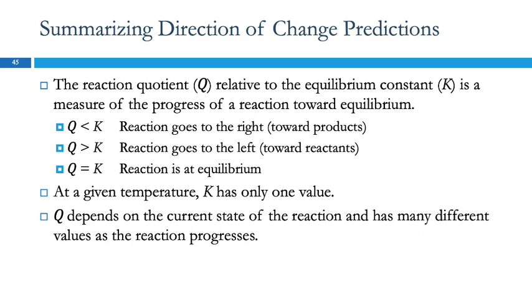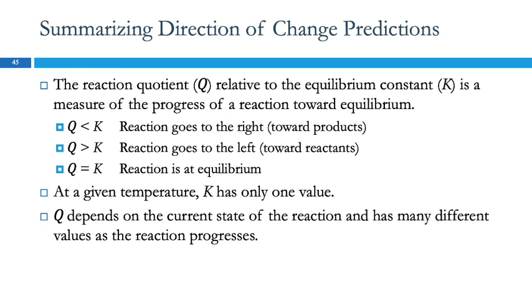So the reaction quotient, again, is calculated the same way as the equilibrium constant. The difference is that we don't have to be at equilibrium. It's just wherever the reaction is. So if the reaction quotient is equal to K, that means the reaction is at equilibrium.